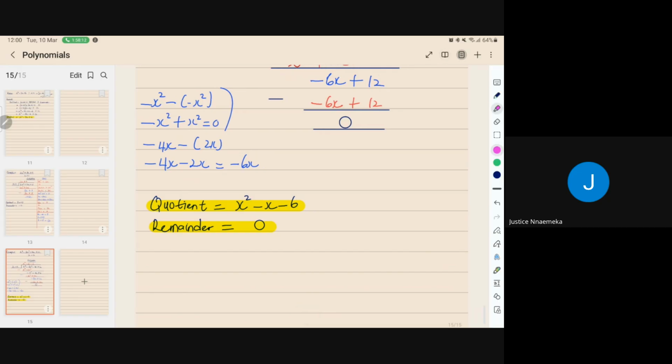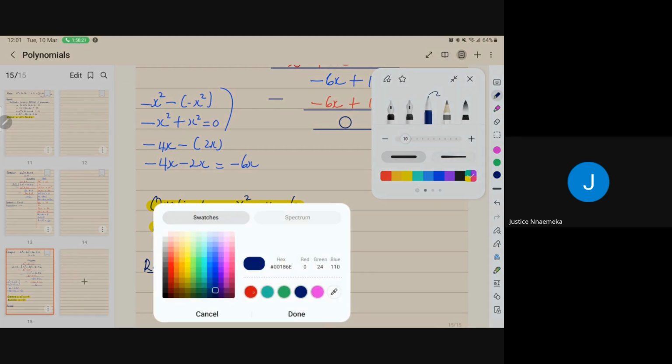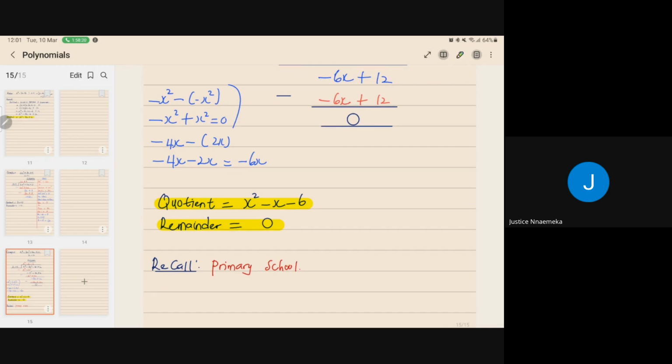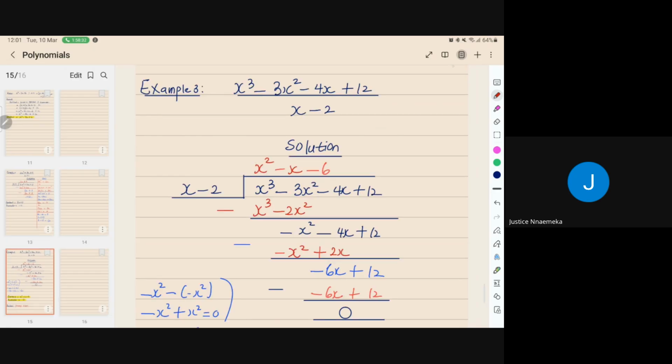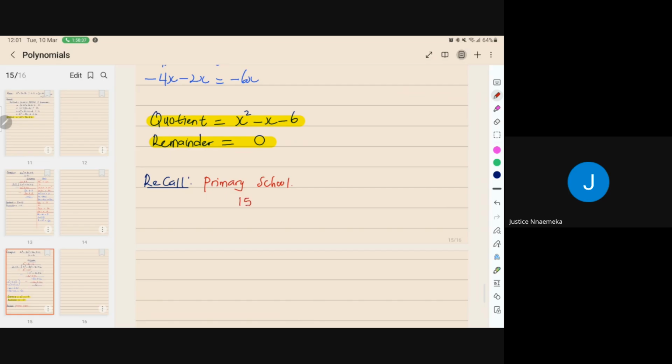So recall, 15 divided by 3 is equal to what? 5 remainder 0, right?